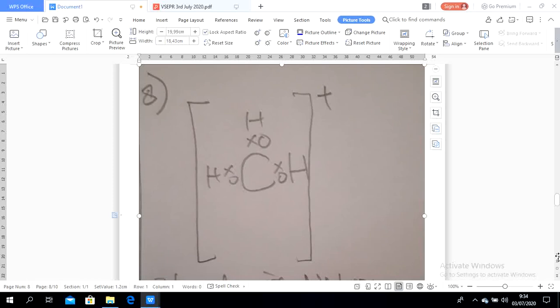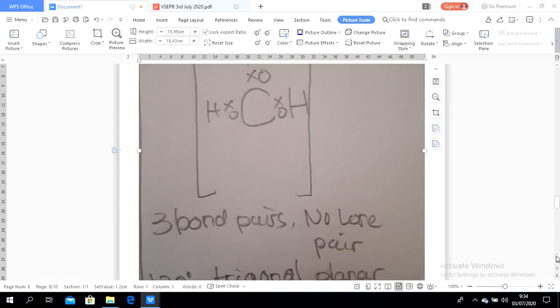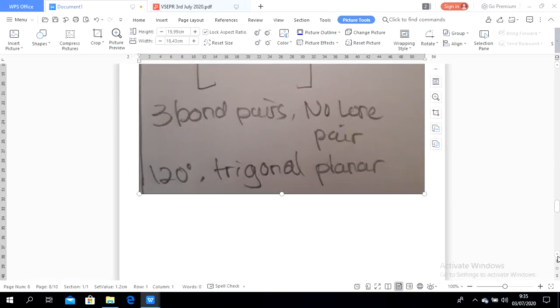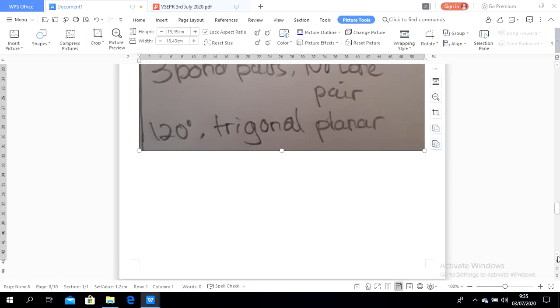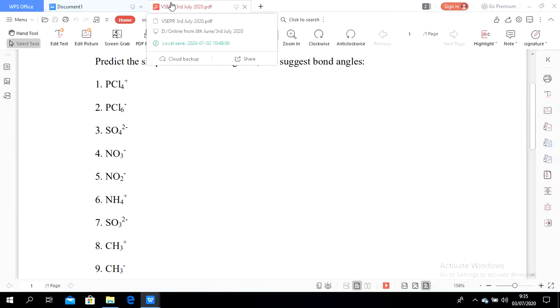It lost an electron and became positive. So there are 3 bond pairs and no lone pairs. The shape is trigonal planar with an angle of 120 degrees. So molecules and also polyatomic ions have shapes and angles.